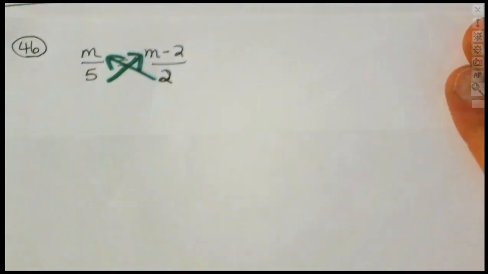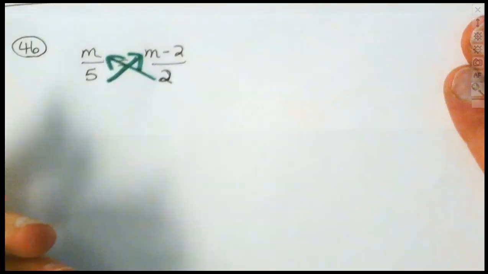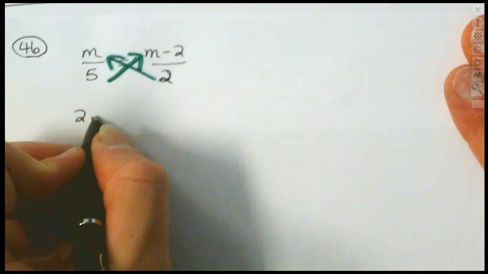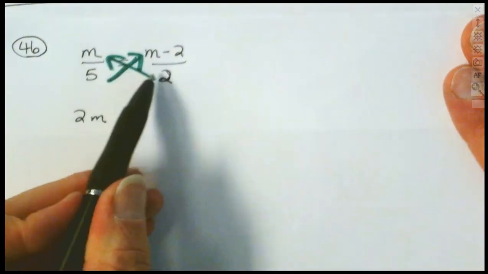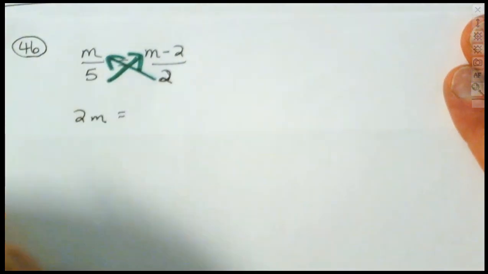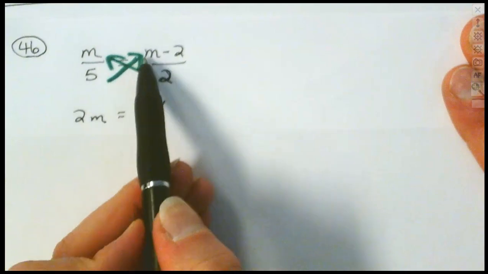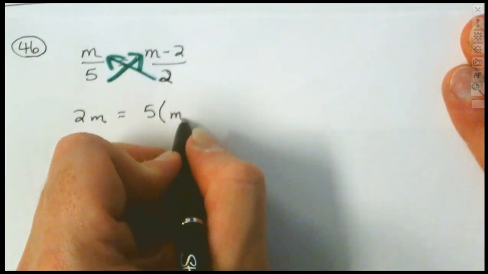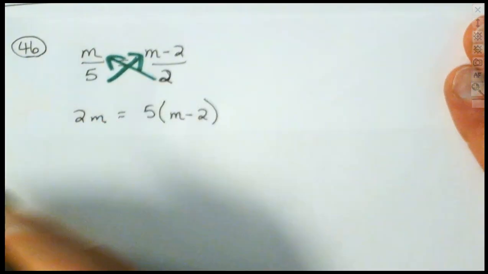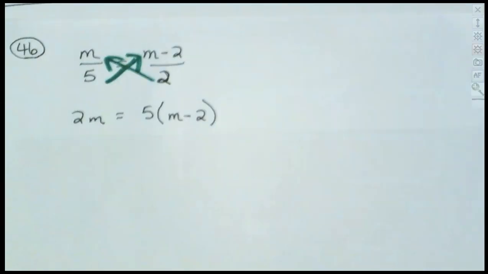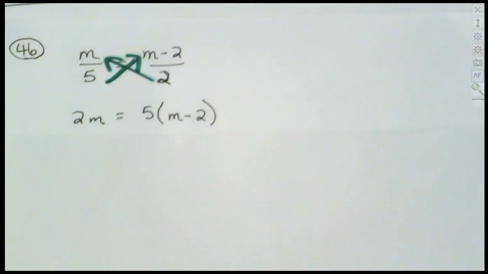So when you cross multiply, you get 2m on the left. Okay, so those go together. Now on the right, you've got to be careful, because on the right you've got 5 and you have to multiply it with parentheses times that m minus 2. So make sure when you do that you put your parentheses around the m minus 2.